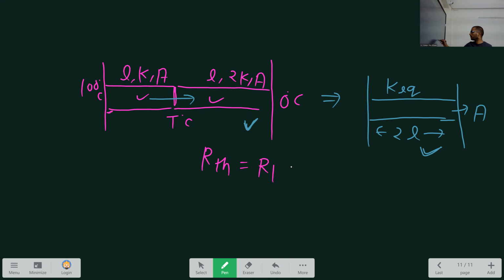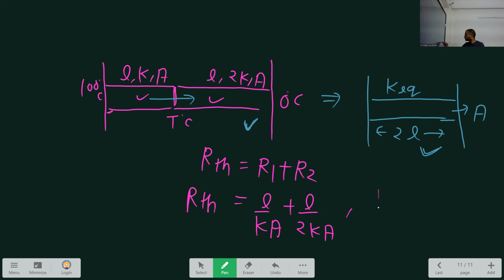We know that R equivalent is R1 plus R2. So for this rod, R1 is L by KA, and for this rod, it is L by 2KA. This is our thermal resistance. And for this rod, students, R equivalent is calculated as 2L by K equivalent into A. So both should be the same because the system is identical.